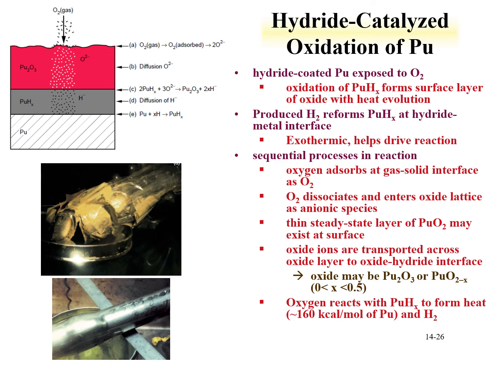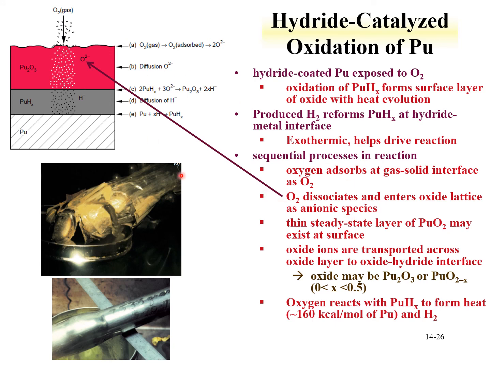The process is that oxygen absorbs at a gas-solid interface as the dioxide, as shown here. So this dioxide forms the plutonium-3 species, Pu2O3. And as the O2 dissociates, it enters the oxide lattice as the anionic species, as shown here. Then we get this layer of oxide, and a thin layer of the dioxide may exist at some surface or interface, but it's not a dominant species.